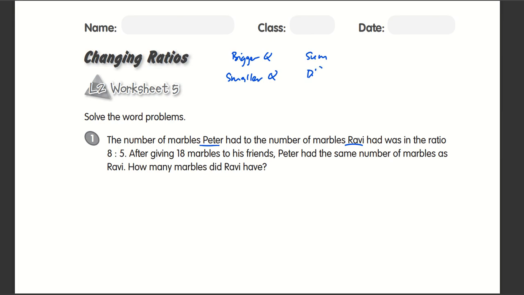So these are the four basic elements of any story of ratio. So the key to answer all changing ratio questions is which one of these four didn't change.